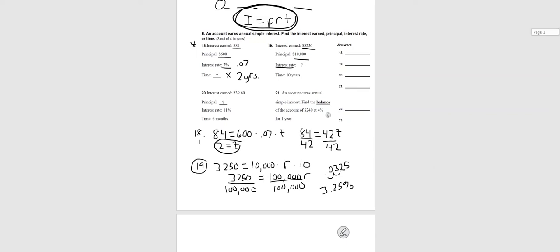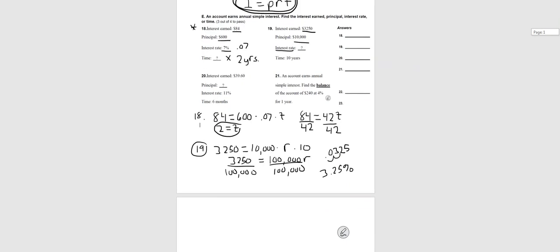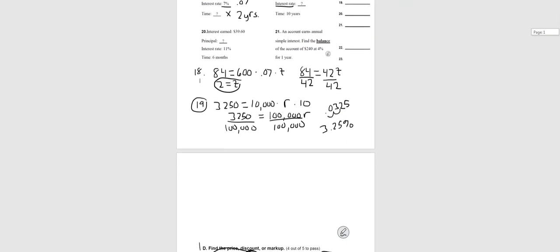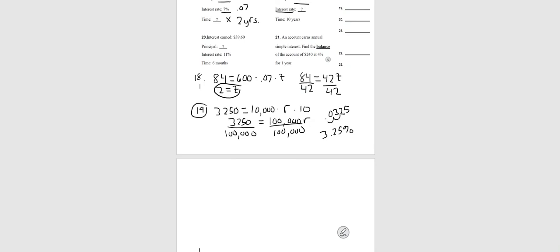That's our rate for number 19. Let's go ahead and look at number 20. Remember, we take what we know, plug it into the formula, and solve for what we don't know. This time we don't know the principal. On 20, we know the interest earned is $39.60.